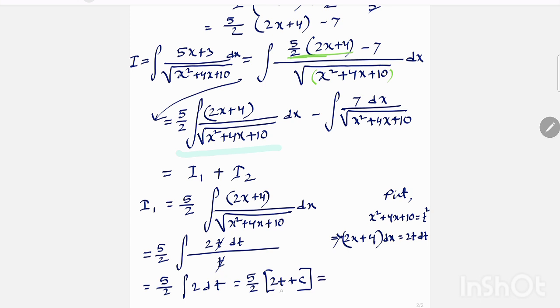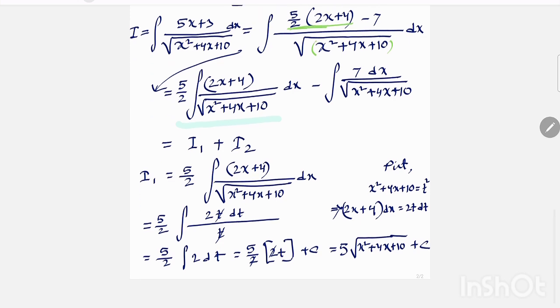You can put c on the outer side also. So 2 cancels out. Now t is actually root over x square plus 4x plus 10, plus c. So this is the value of I1.